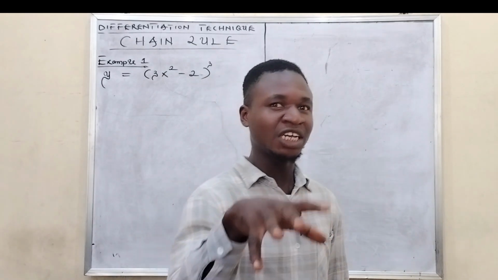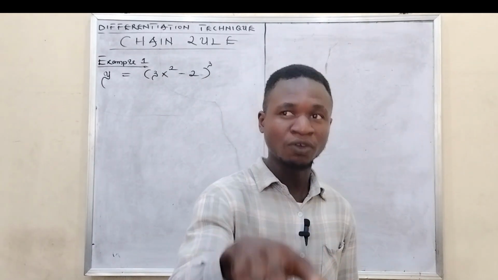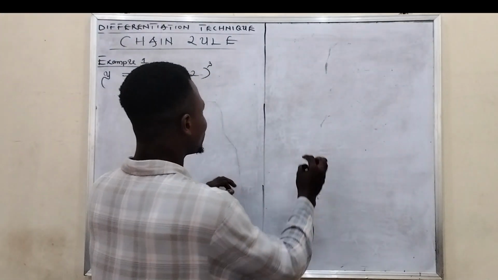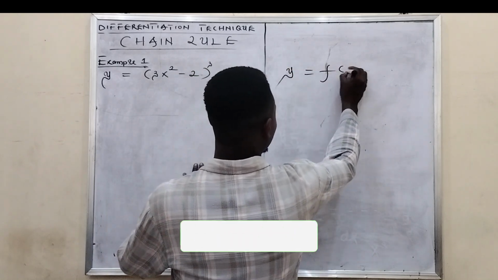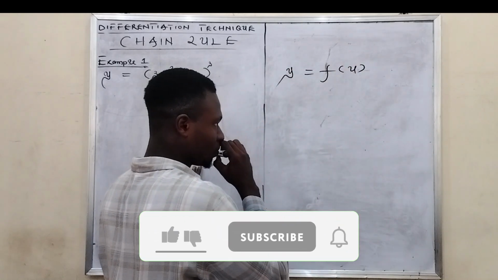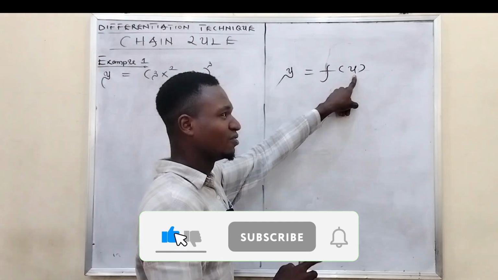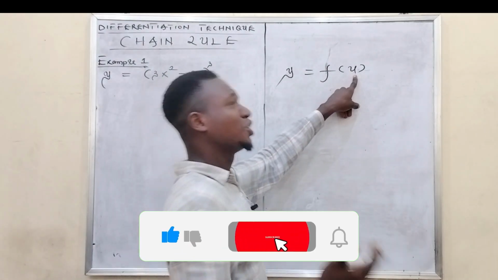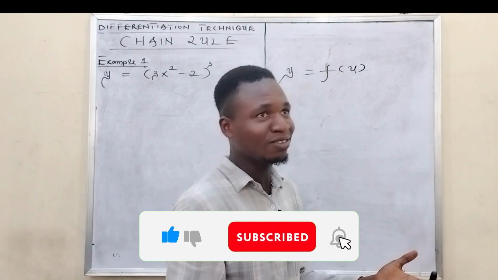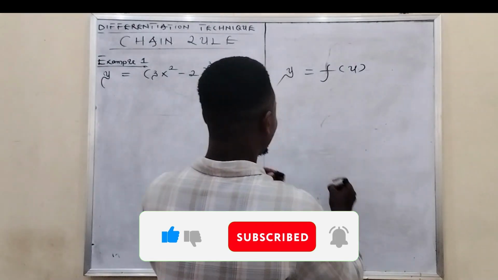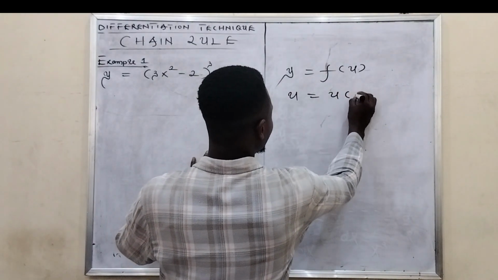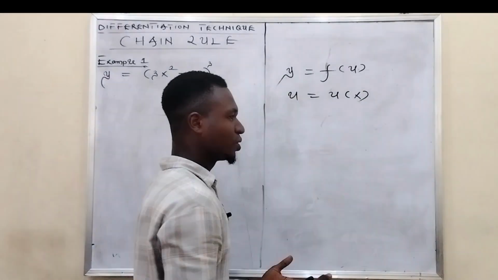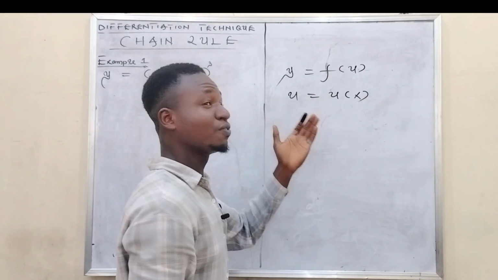So the chain rule is called the function of a function. Let us assume that y is a function of u, and u is itself a function of x. The question is, how do we differentiate such a function?